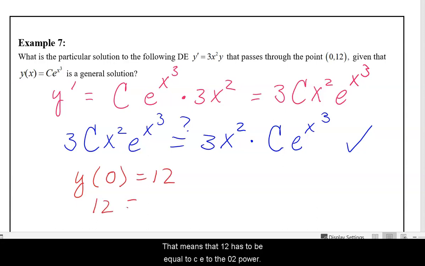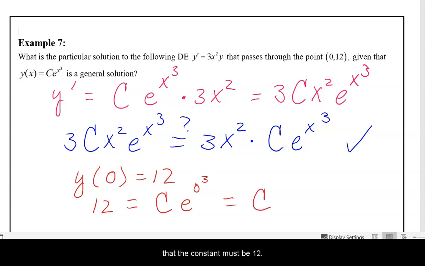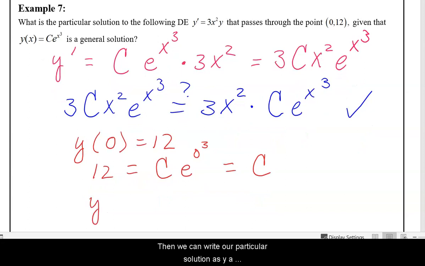That means that 12 has to be equal to c e to the 0 cubed power. Since 0 cubed is still 0 and e to the 0 is 1, then we know that the constant must be 12. Then we can write our particular solution as y, a function of x, equal to 12e to the x cubed power.